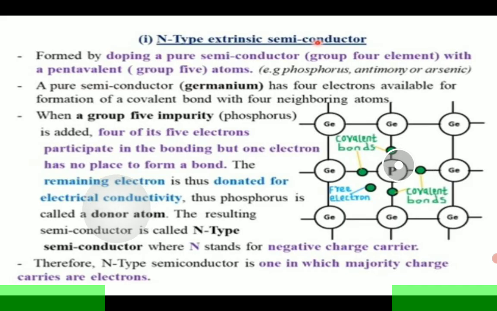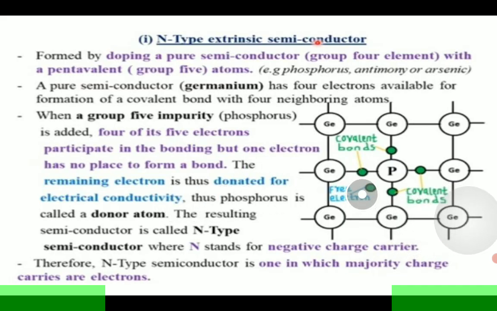Okay, so for example, you have this electron from phosphorus bonding to a germanium electron, this germanium here, and this electron here bonds to this germanium this side, this electron there bonds to this germanium atom down here, and finally this electron bonds to this germanium to the left, and the 1 electron remains unbonded, which is a free electron. All right, so the remaining electron is donated for electrical conductivity.